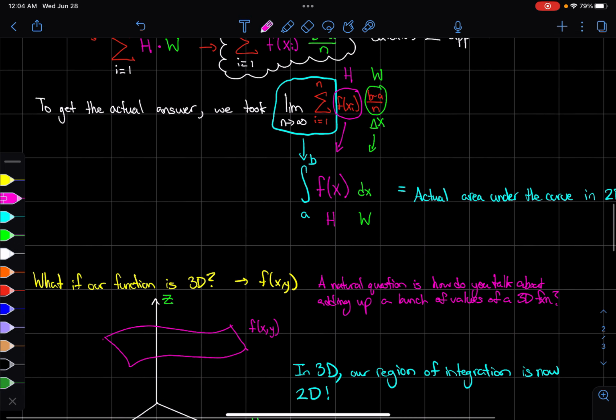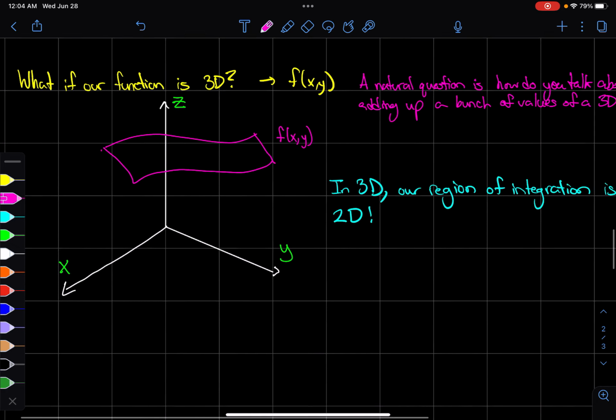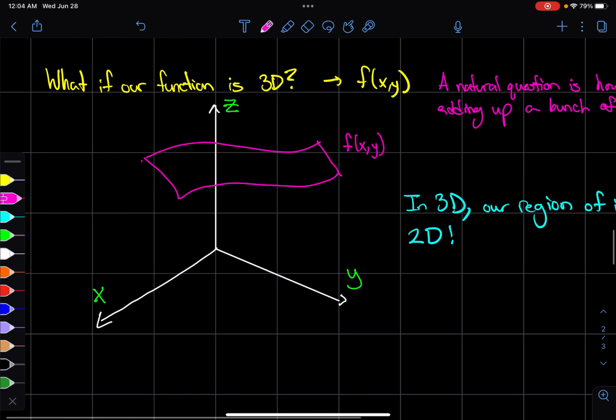But when you talk about 3D functions, right, this is a 3D function because we have 2 inputs, right? We have 2 inputs, x and y, these are the inputs, and one output. That's the f, right? Or if you like, that's your z value. This is your output. Okay, so that makes this a 3D function.